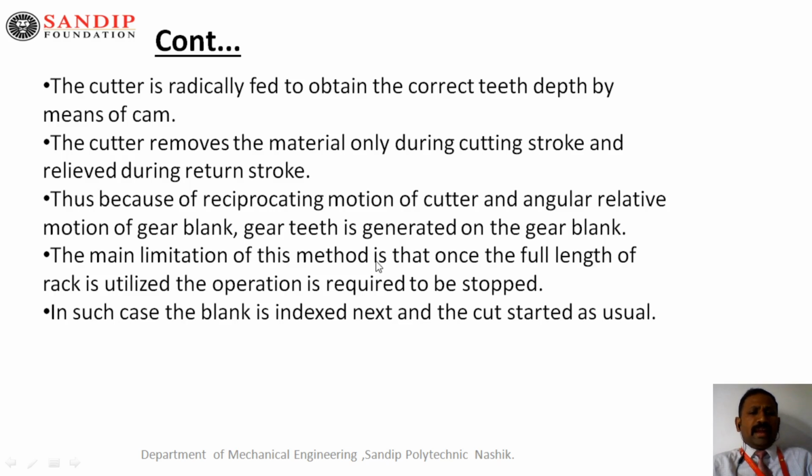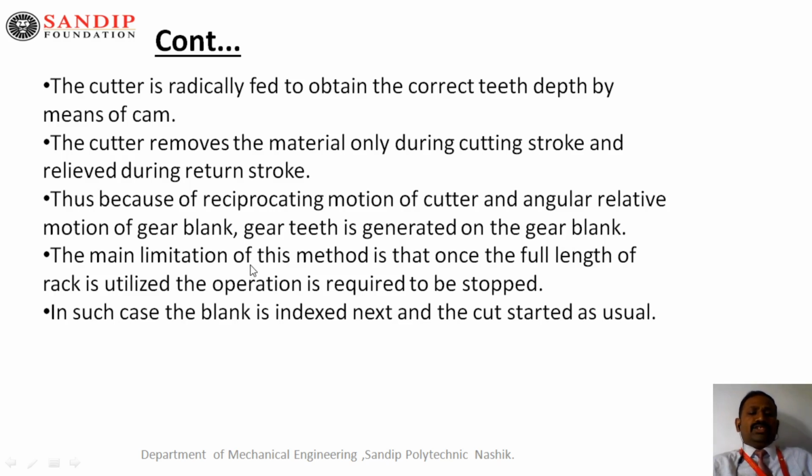Now the cutter is radially fed to obtain the correct depth. The cutter removes the material only during the cutting stroke, and relieves during the return stroke, because the cutting action happens only in the cutting or forward stroke. The reciprocating motion of the cutter and the angular relative motion of the gear blank generate the gear teeth on the blank.